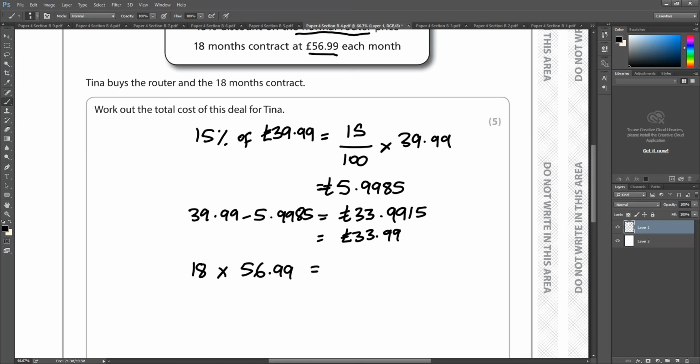Let's work that out. Calculator. That gives me, in pounds, £1,025.82.